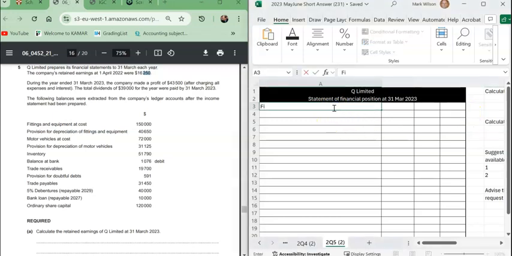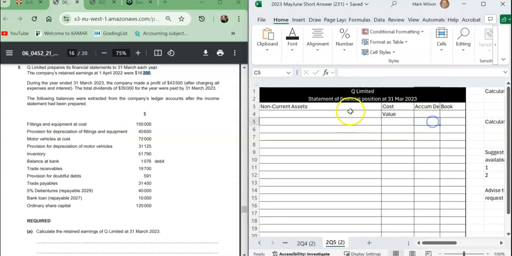That starts off with your non-current assets. With your non-current assets, we've got the cost, we've got the accumulated depreciation, and we've got the book value.